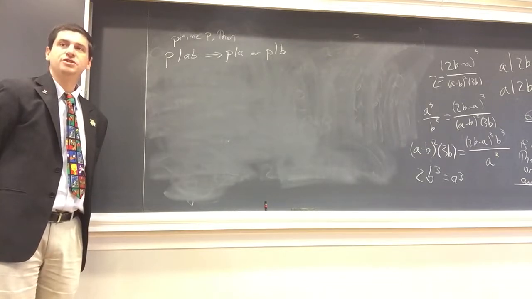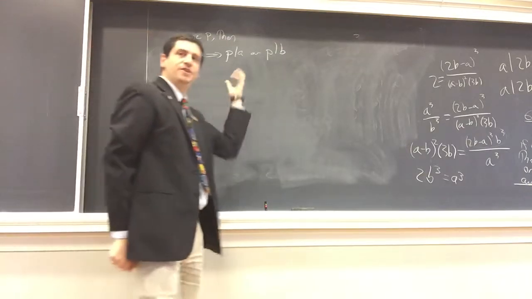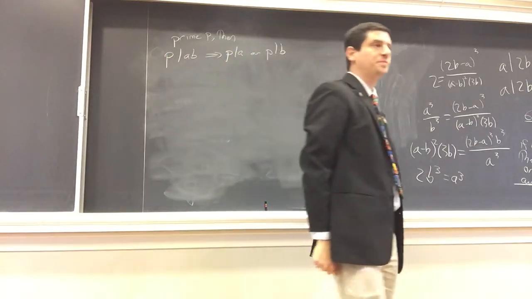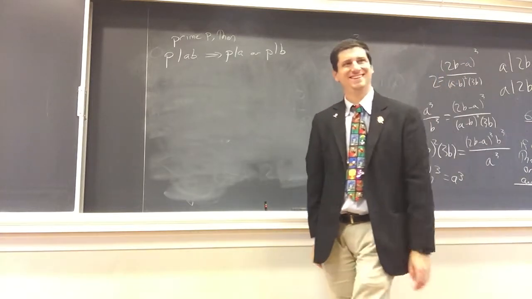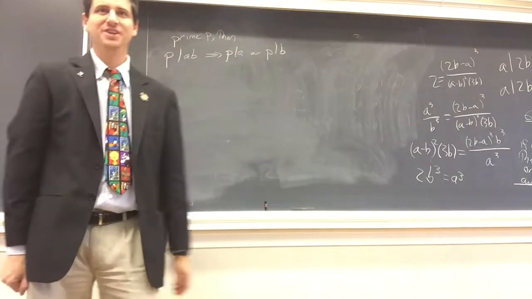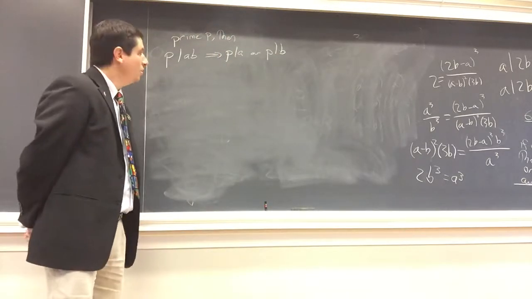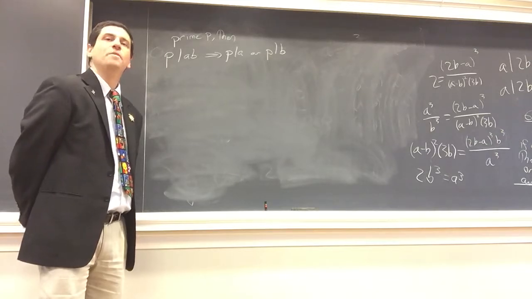So there are a lot of ways to do this. Has anybody seen a proof of this? Okay, do you remember how you would prove it? The fundamental theorem of algebra?